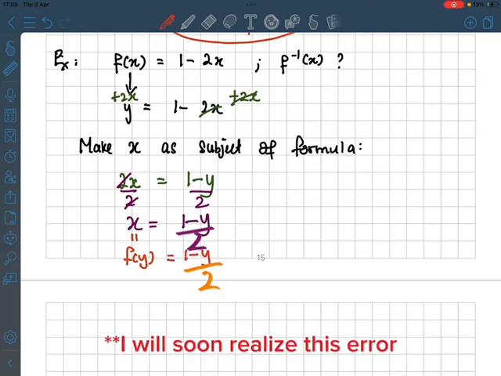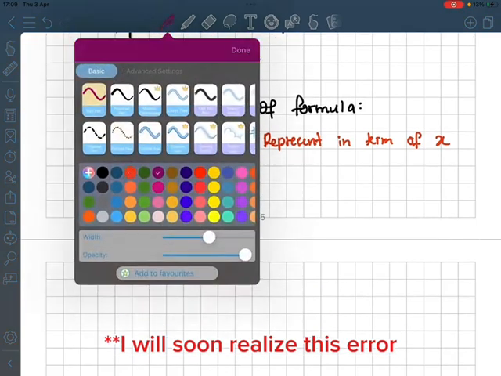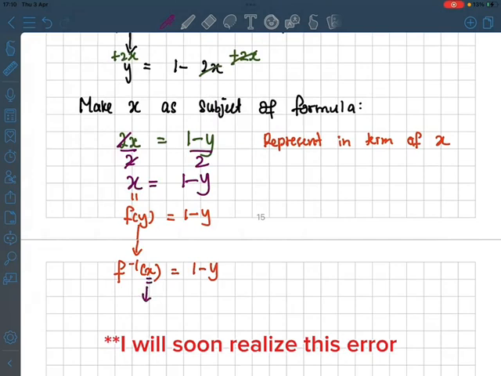But usually we represent everything in terms of x, because f of y is another way of saying f inverse of x. I cannot write 1 minus y as the final answer, because we have the argument, and the argument is in terms of x, which means the expression must be in terms of x as the variable.